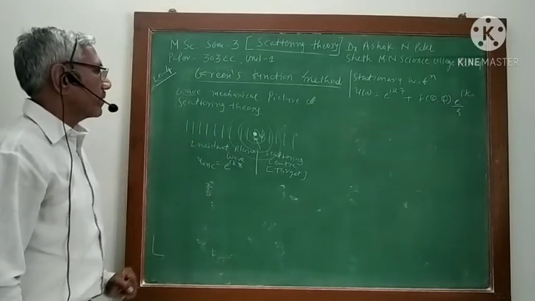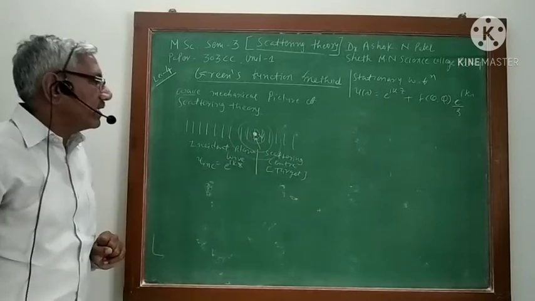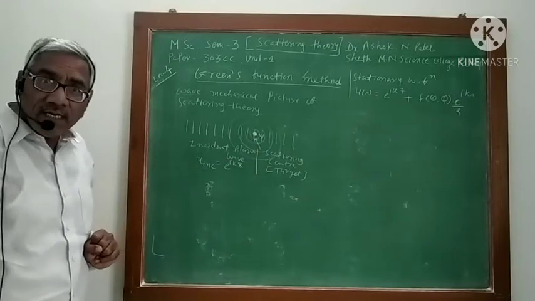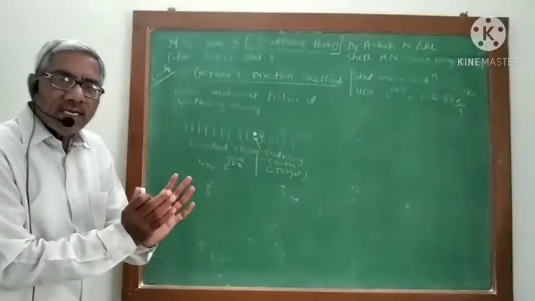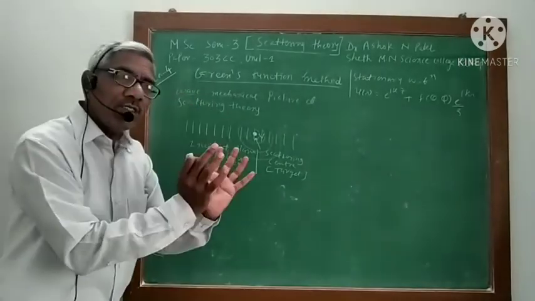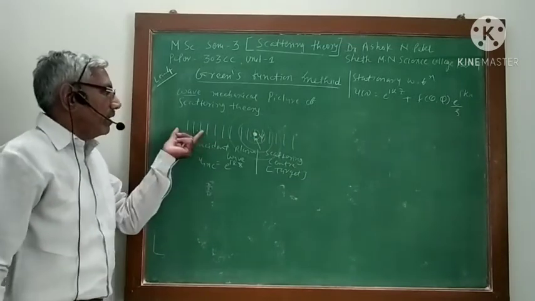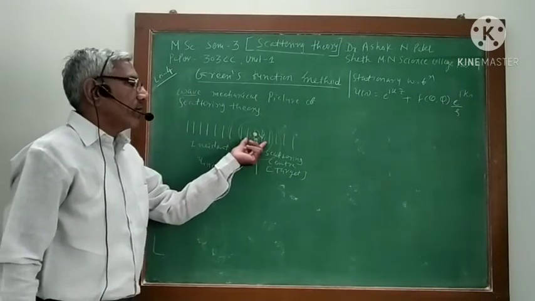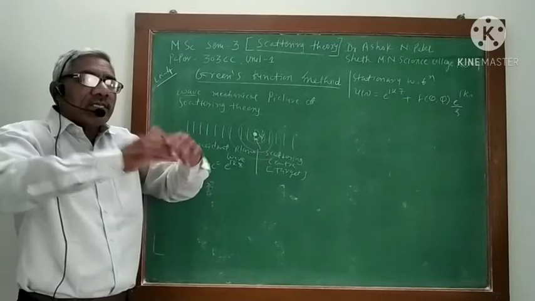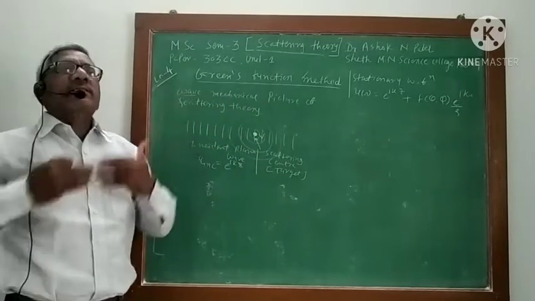This is the situation in the wave mechanical picture. When the incident plane wave comes to the target, or scattering center, which has some potential over some range, it gets scattered in all directions.